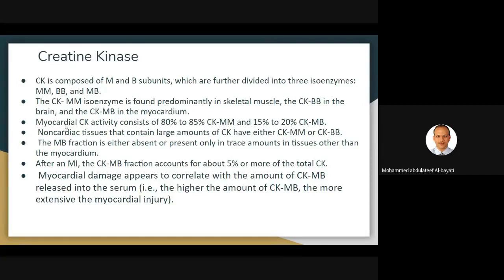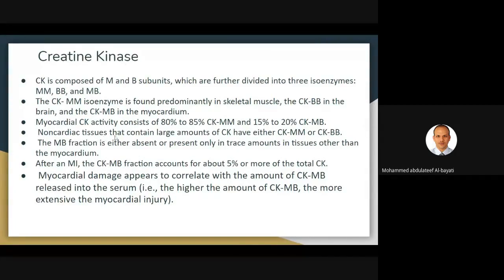Only 15 to 20% is CKMB. Although it is a small fraction of the CK present in the heart, it is used for its specificity.